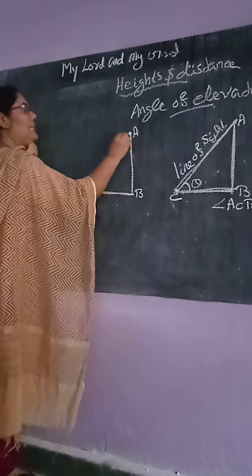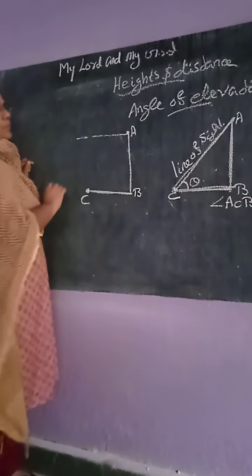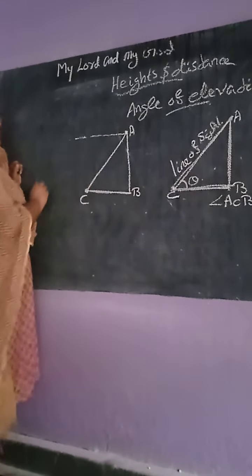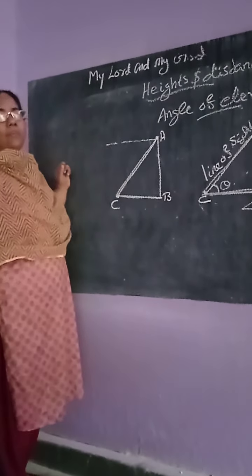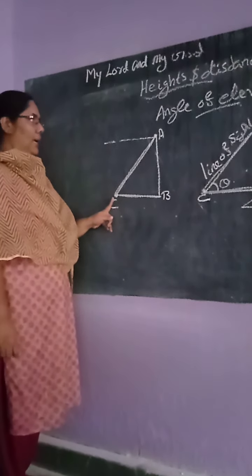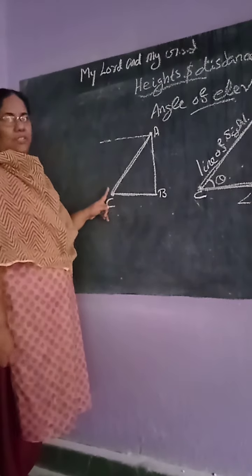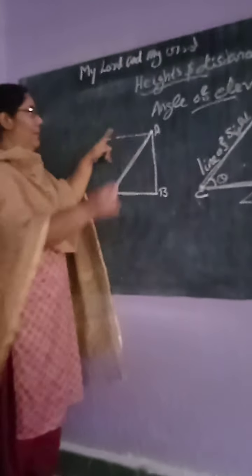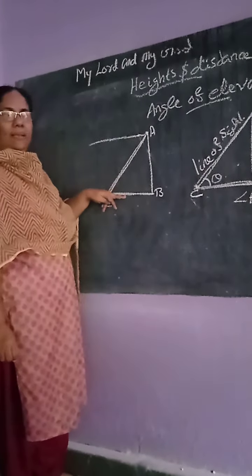Therefore, this is one horizontal line, isn't it? And if he looks like this, then this AC is known as line of sight. The man is here and the object is here. Therefore, this AC is known as the line of sight. And this line of sight and this horizontal, you know that this is horizontal, isn't it?